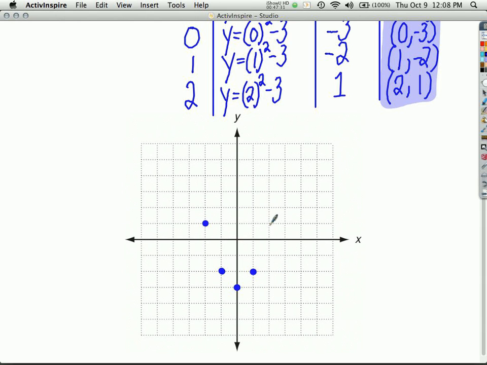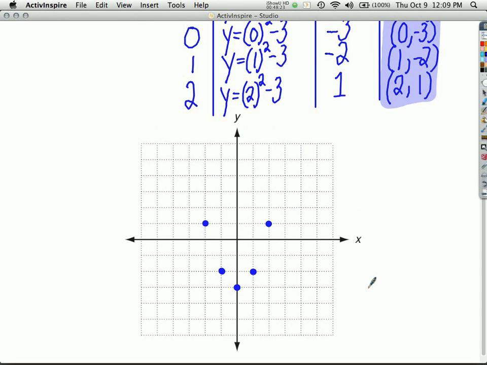And 2, 1. All right, so your graph should look like what I have up here.